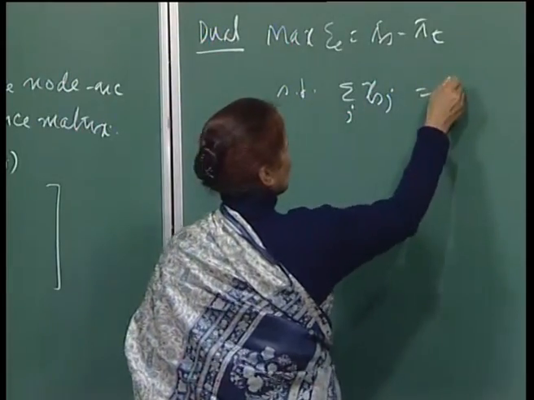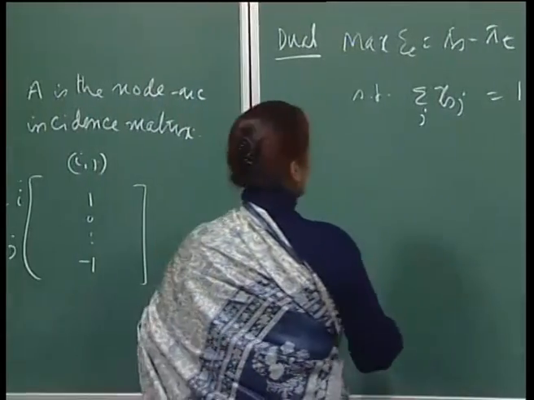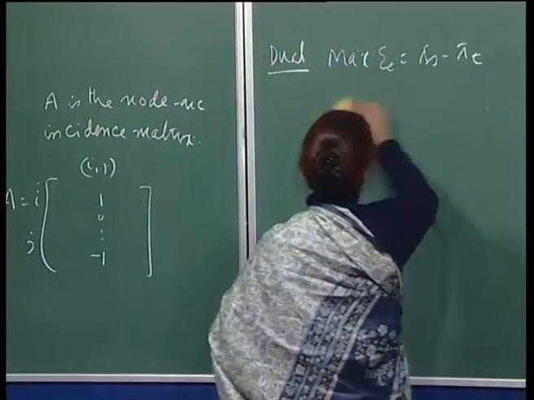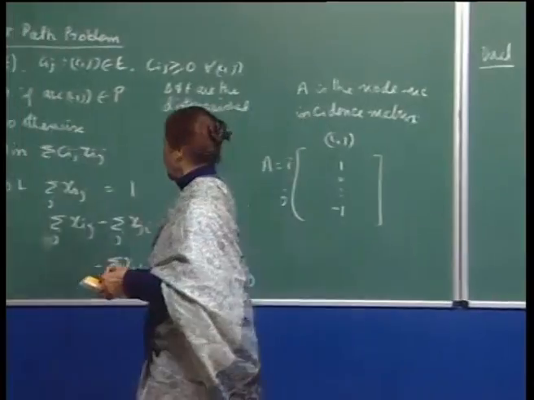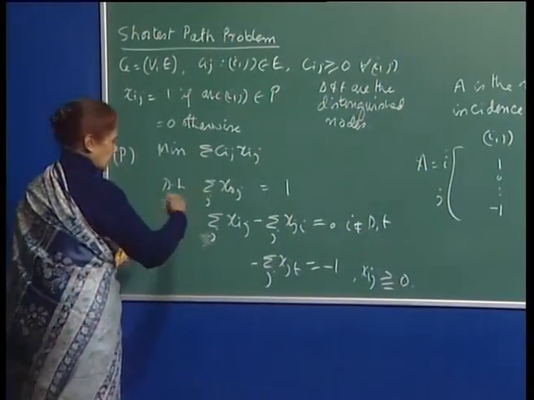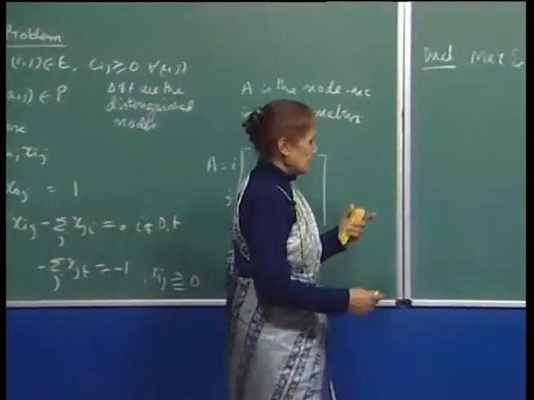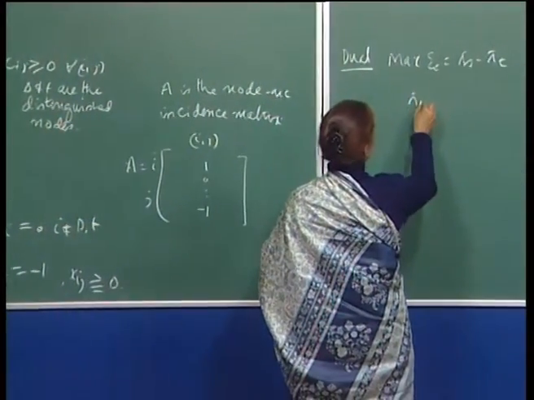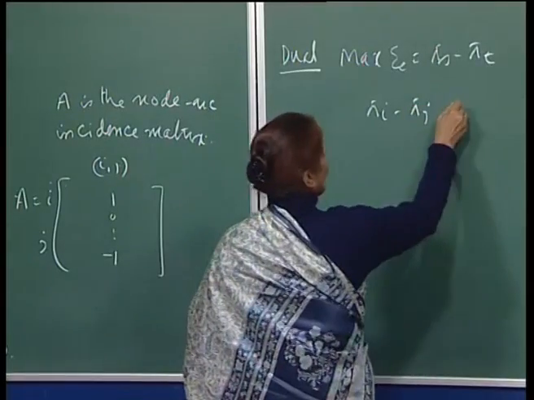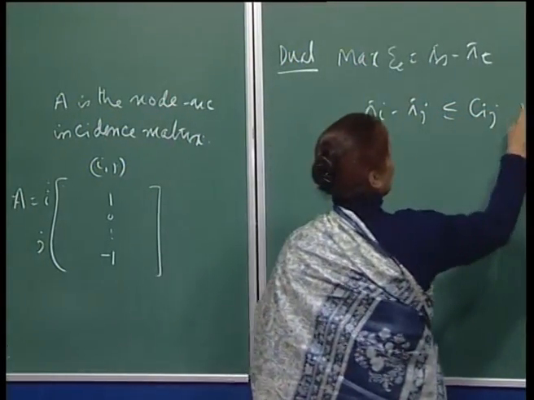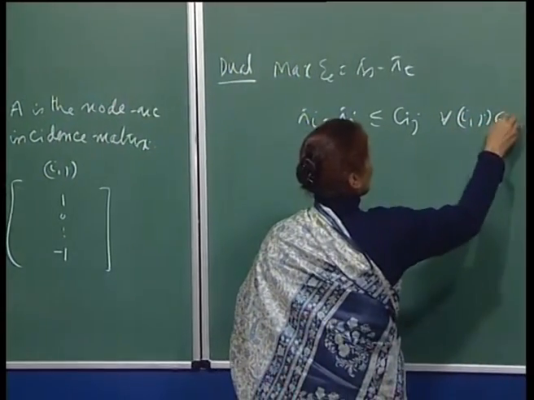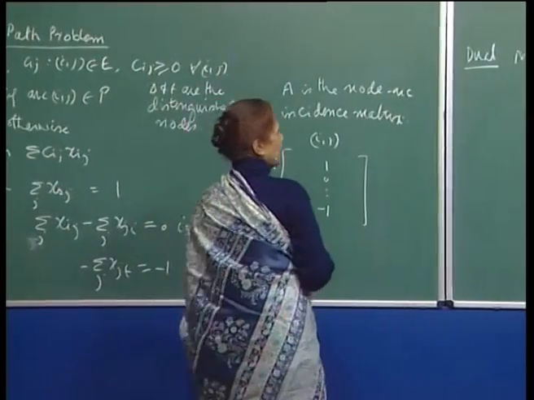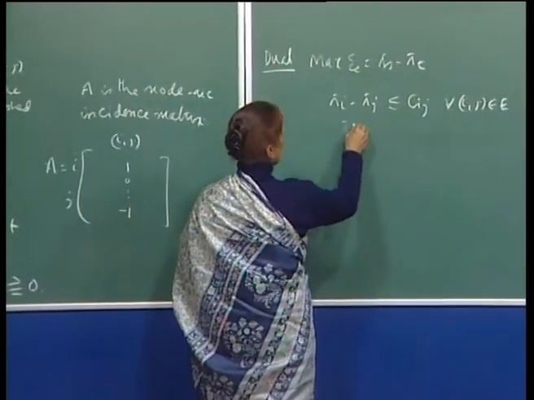Corresponding to this, your dual constraints will look like: pi i minus pi j less than or equal to Cij for all ij arcs belonging to E. And since your constraints are equality constraints, therefore, there is no sign restriction on the dual variables.